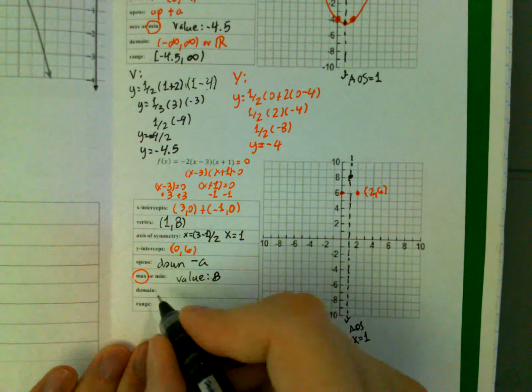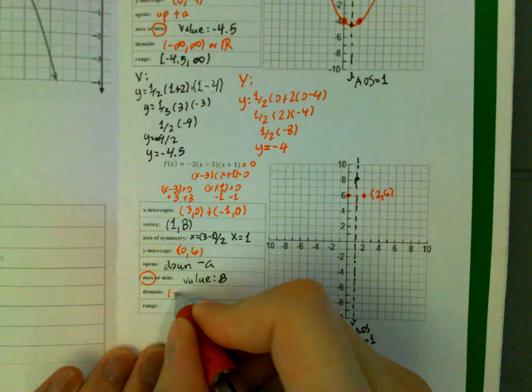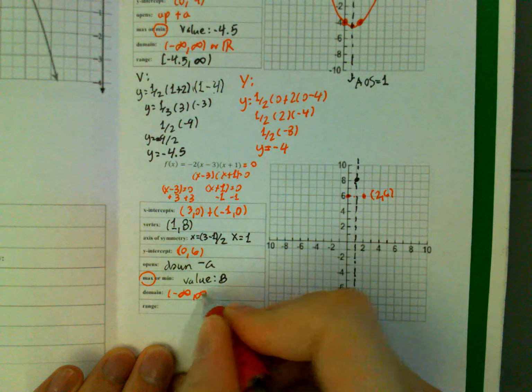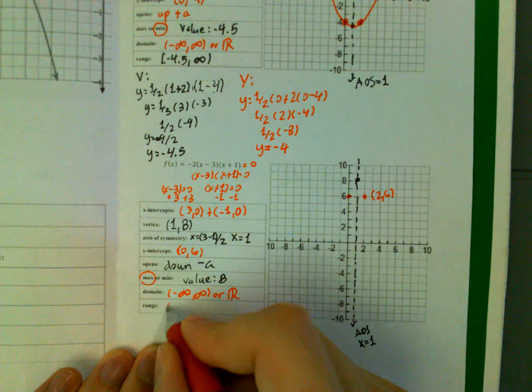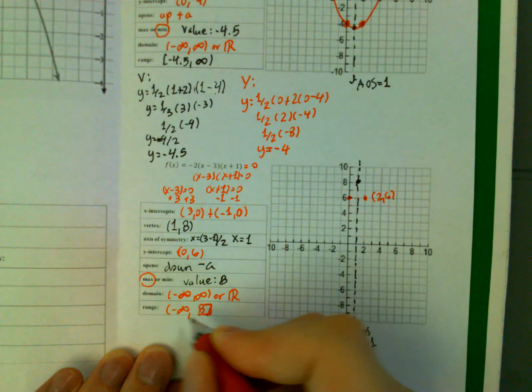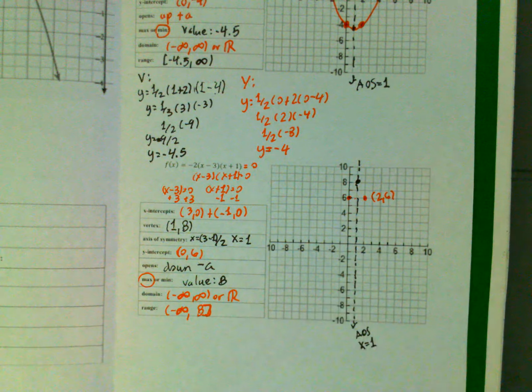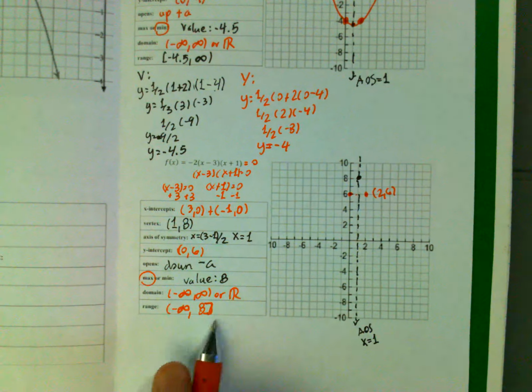The domain is what? Negative infinity to infinity, or all real numbers. And the range is negative infinity to 8, included. You will always have it included, as far as you're concerned. I know it looks kind of messy, but that is 8 with a bracket.